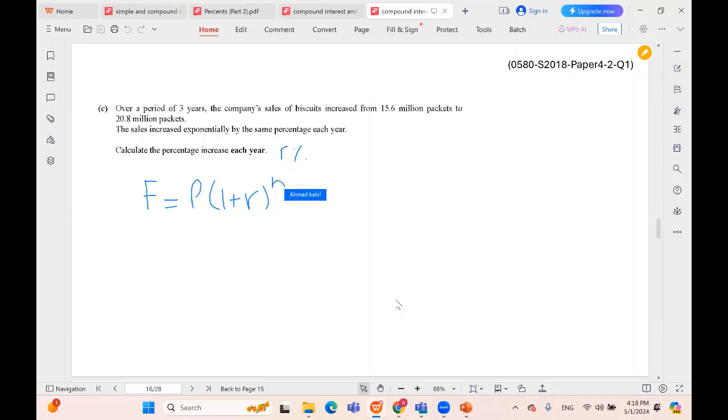Future value is 20.8. Present value is 15.6 times (1 plus R), which we don't know, to the power of N, which is 3. We can divide both sides by 15.6.